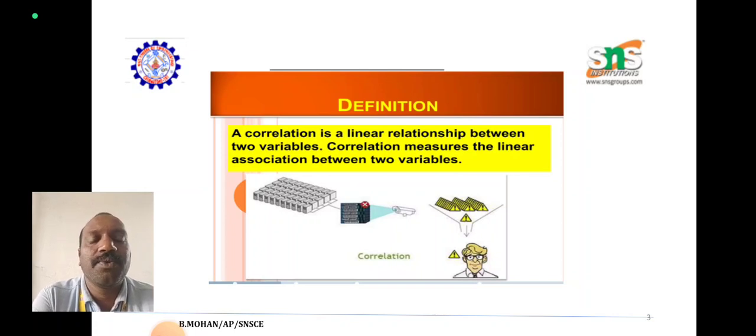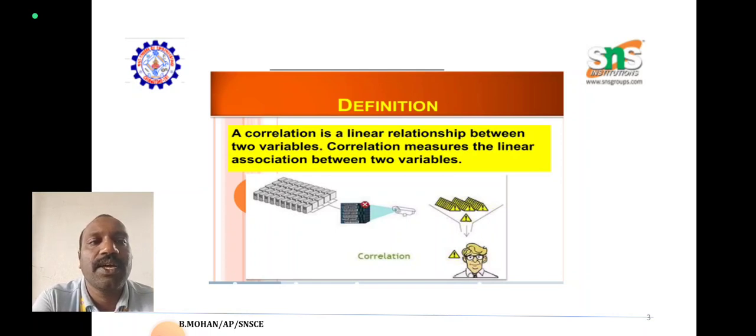Already I told you that there are two variables. Between those two variables there is a linear relationship. What do you mean by linear? That is a line. So the linear relationship between two variables, the line equation between the two variables, is called the association of two variables.